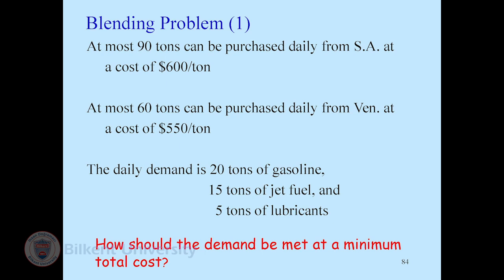And my market is asking me for gasoline, jet fuel, lubricant, right? So I'm supposed to come up with 20 tons of gasoline, 15 tons of jet fuel, and 5 tons of lubricants every day. And every other thing is daily, all right? So, how should the demand be met with minimum total cost?